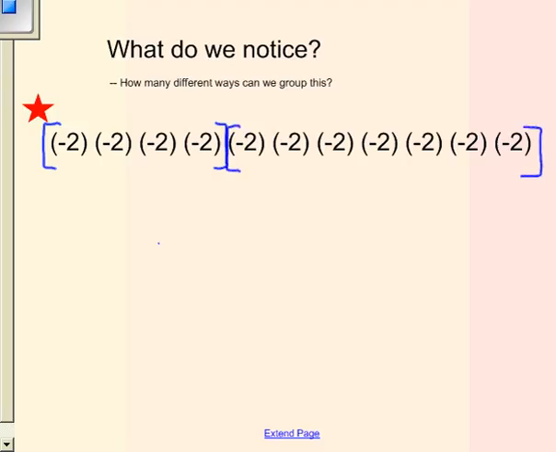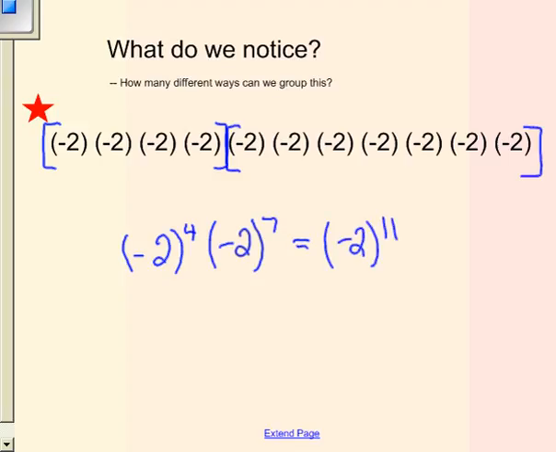So we would have -2 to the power of 4 and -2 to the power of 7. Each time they would find that they would come back to -2 to the power of 11, no matter where they grouped their brackets.